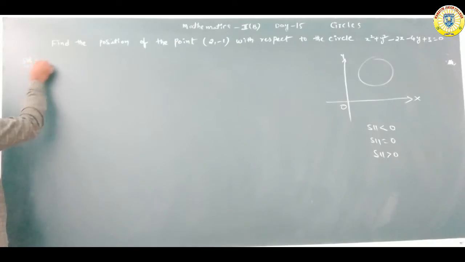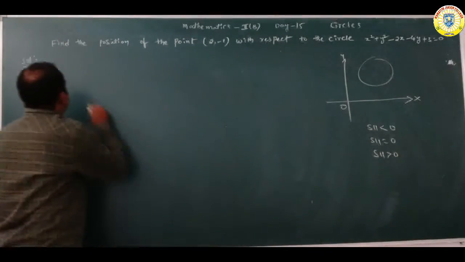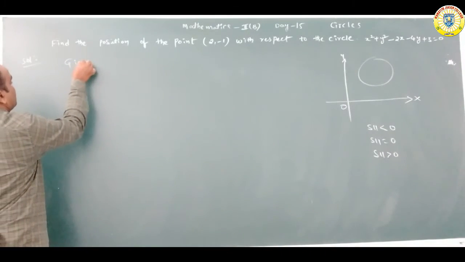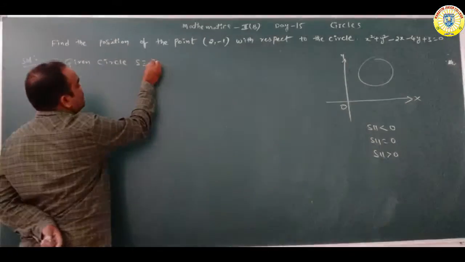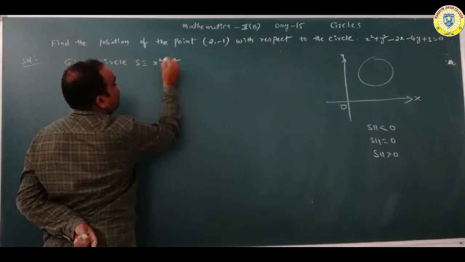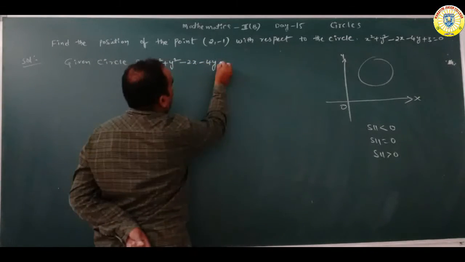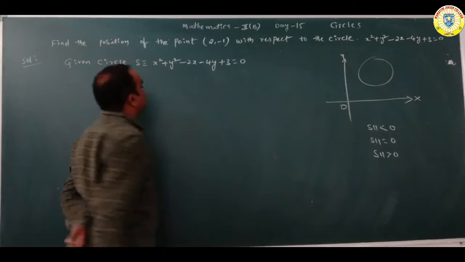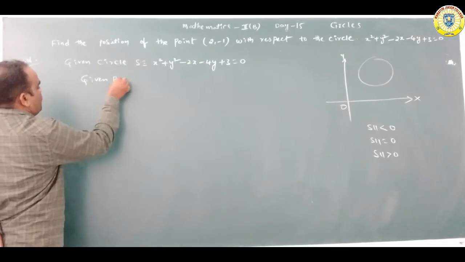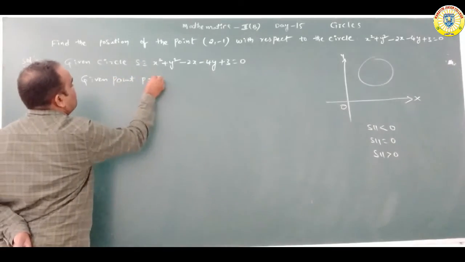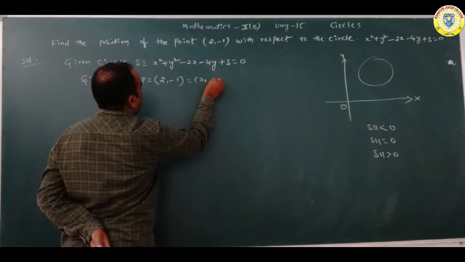See the solution. Find the position of the point (2, -1) with respect to the circle. First, the given circle is S equal to x square plus y square minus 2x minus 4y plus 3 equals 0. This is the S value. The given point is P equal to (2, -1), that is x1, y1.